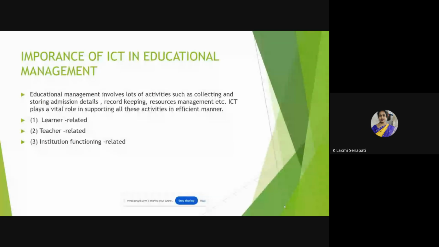Okay, when you join a government job, your date of birth, everything, your personal file, your fingerprints, your service book, the data will be there. Your educational qualification, your nominee, everything.